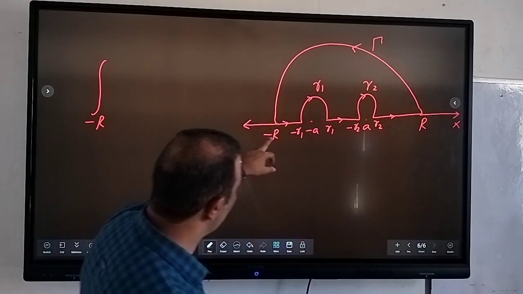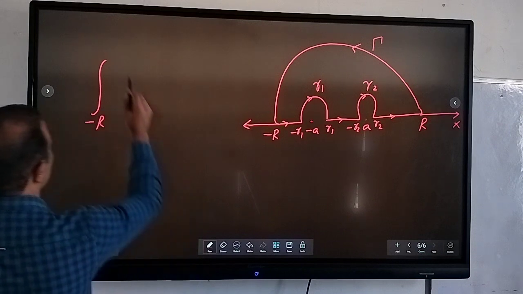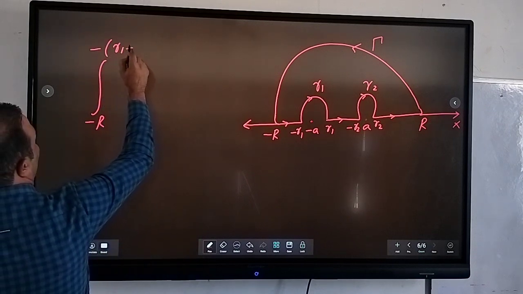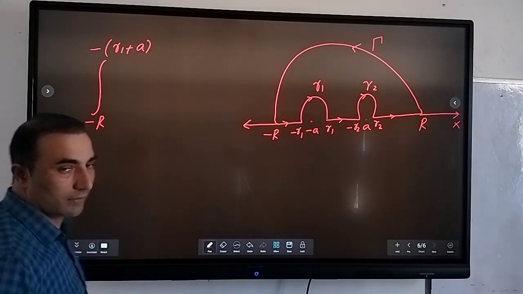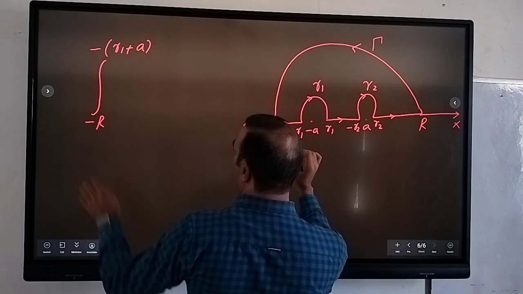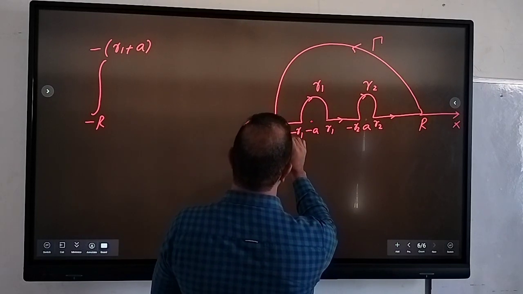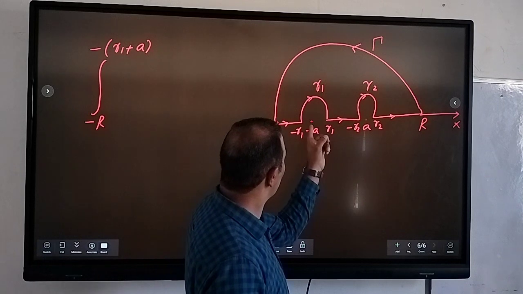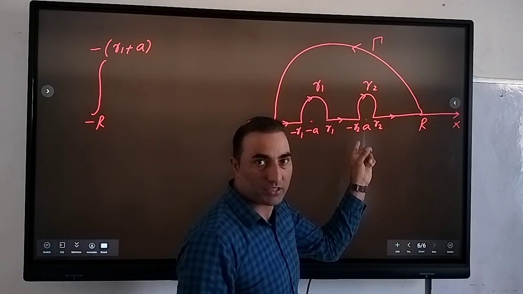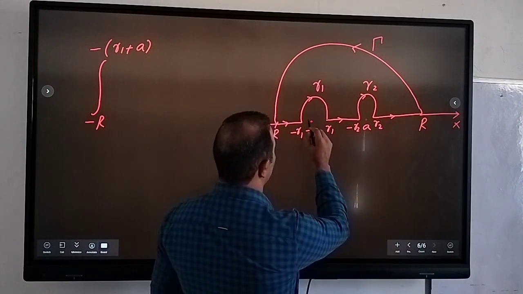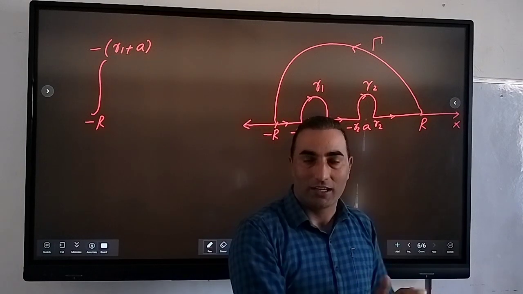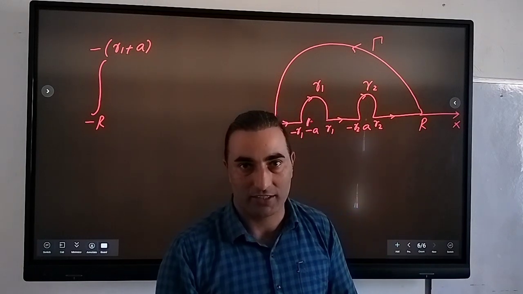That will be from minus R to minus a minus R1. What I am doing here is taking the first integral from minus R to near this point, which is minus a minus R1, because the circle is very small, so it's close to that point a.